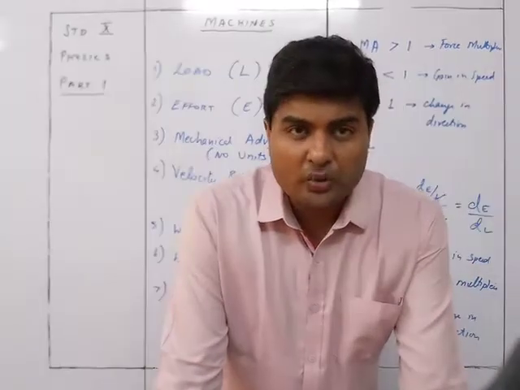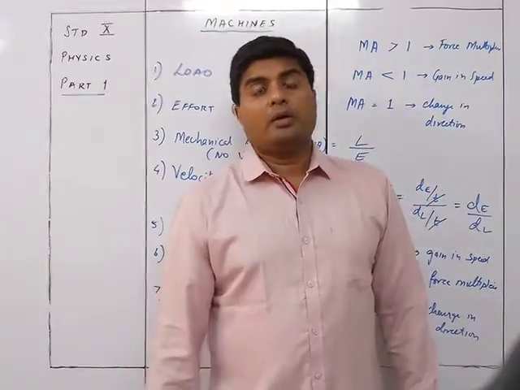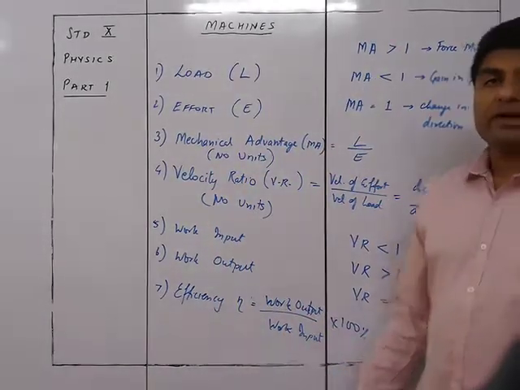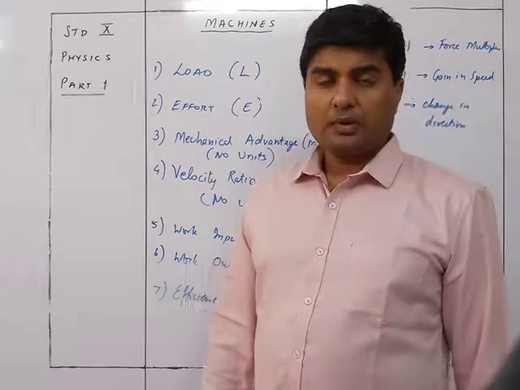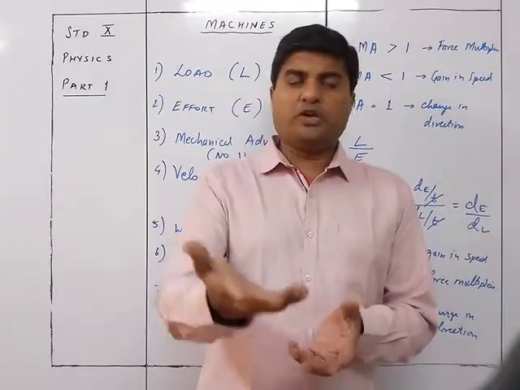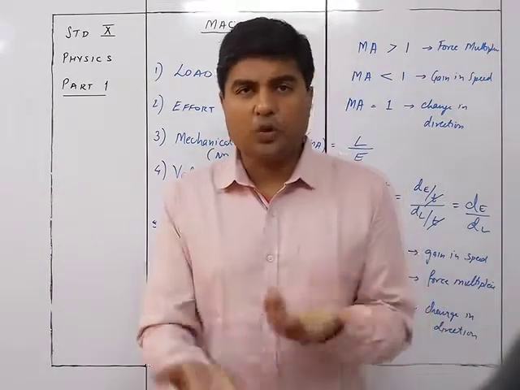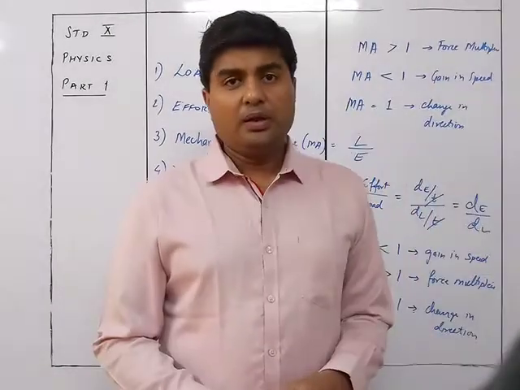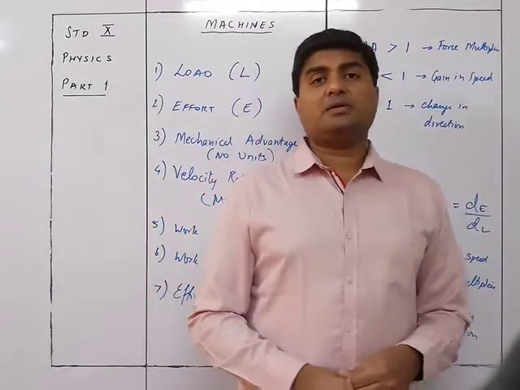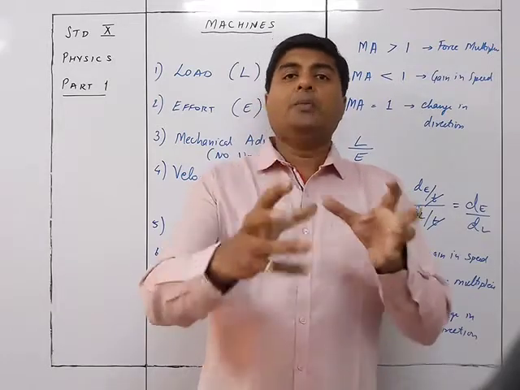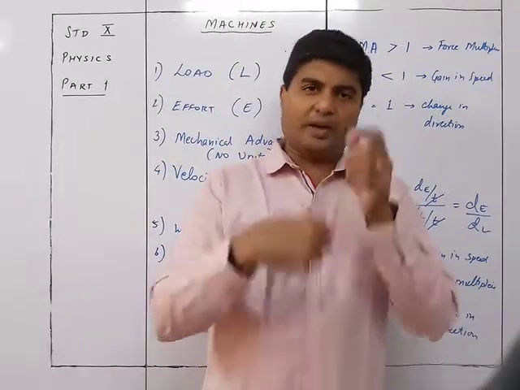Now you should note over here, when would it happen that work output and work input are not the same? Normally what we are saying is that whatever input I put, I should get that much output. But it is not true, because when I apply the input, let's take the simple example of the pulley and drawing water.